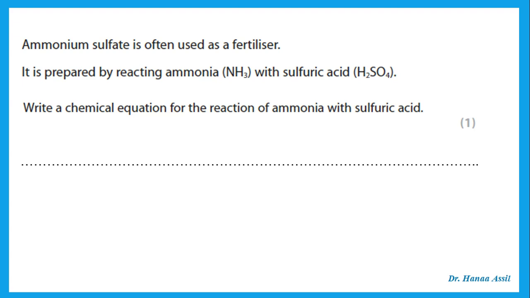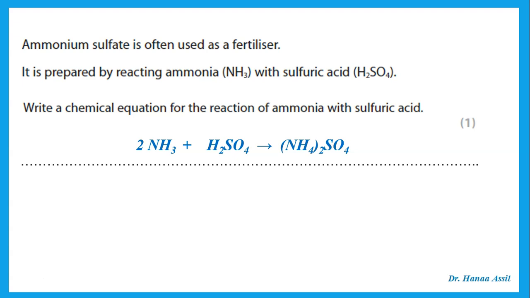Ammonium sulfate is prepared by reacting ammonia with sulfuric acid. We should know that ammonia is NH3, sulfuric acid is H2SO4. This gives ammonium sulfate. Remember, valency of sulfate is 2, so I need to put 2 under the ammonium. Valency of ammonium is 1, and that means to balance I have 2 nitrogens after the arrow.